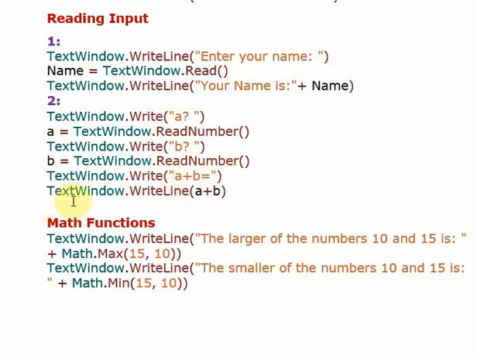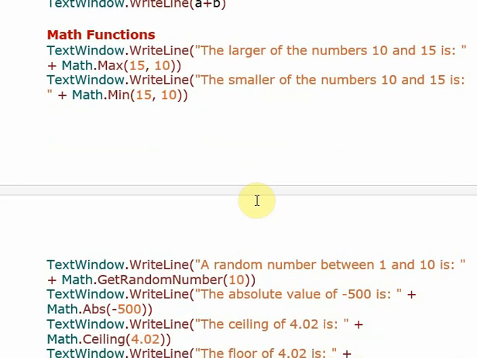Then TextWindow.WriteLine a plus b, whatever values we assign for a and b, here it will add up and give the answer, right. Then we can see a few advanced math functions here.